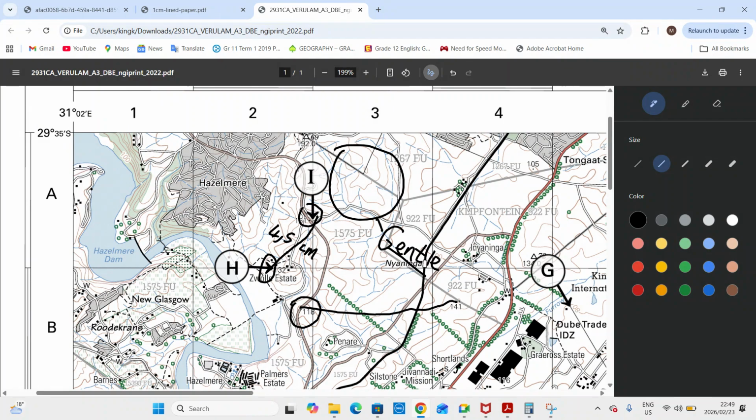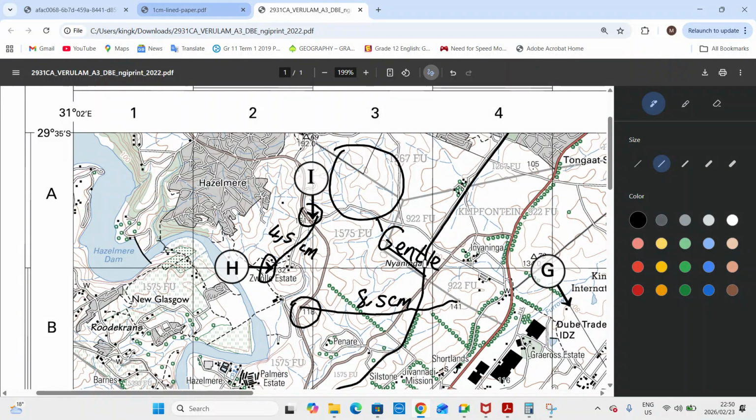Please make sure that your ruler is as straight as it can possibly be so that you can get accurate measurements. Let us say that you and I got 8,5 centimeters as the distance here. What do you then do?